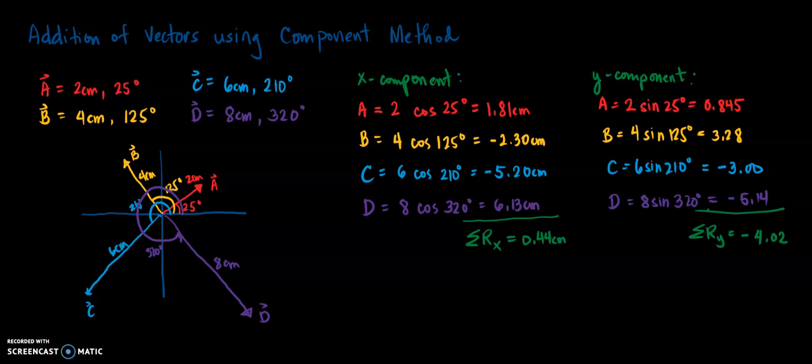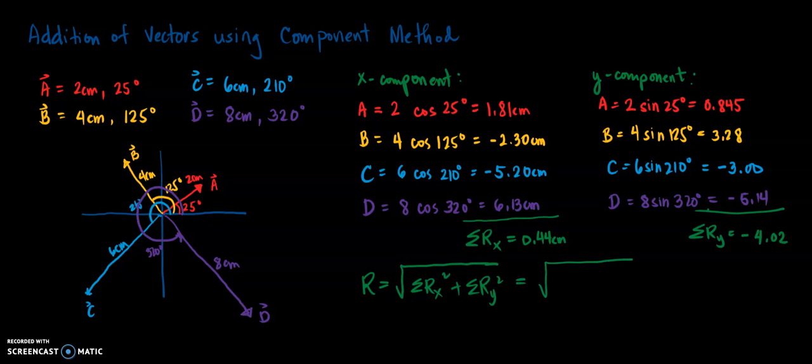Okay, let us solve again the x component. That is 1.81 minus 2.30 minus 5.20 plus 6.13. That is 0.44. Okay, next, you can calculate this time the magnitude of the vector R, and that is equal to the square root of the summation of Rx squared plus the summation of Ry squared.